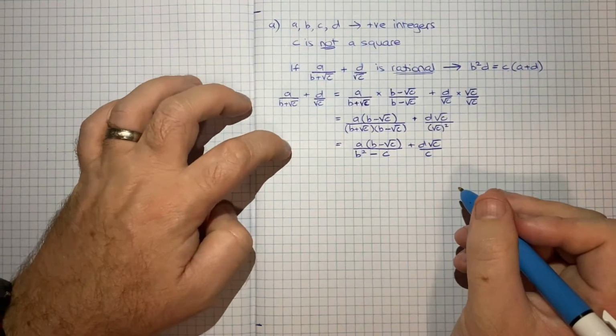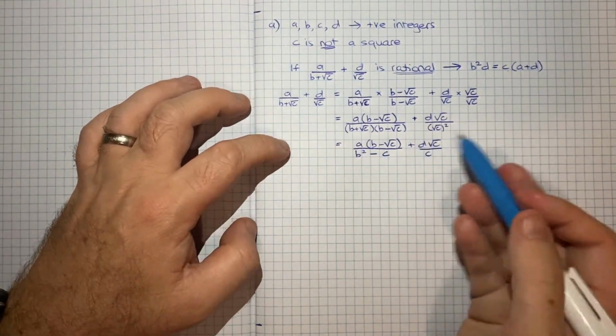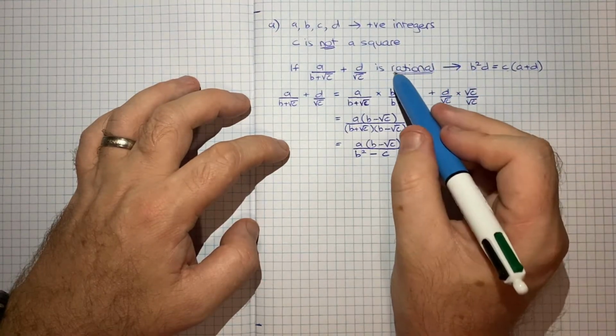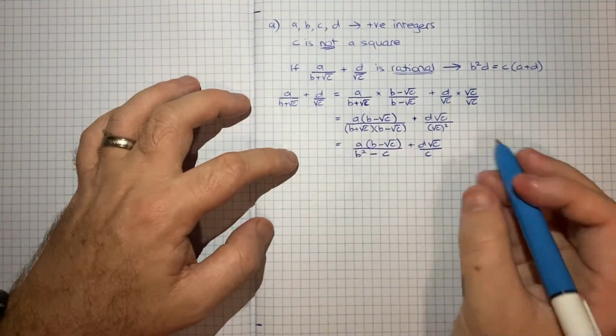Now let's get a common denominator here, so we can write the whole thing as one number divided by another, because remember that's how we express something as rational.